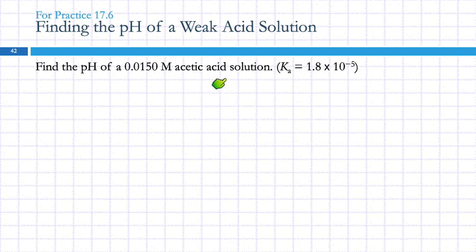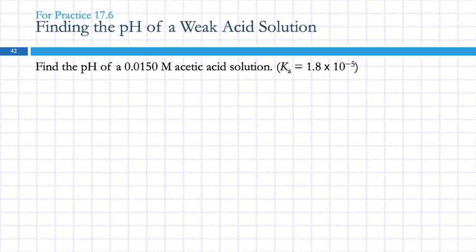So acetic acid, right? We should know the formula for that. Do we need the formula to do the problem, though? Absolutely not. All of the weak acids that we'll be dealing with are monoprotic. And so here, we really don't need the formula at all.